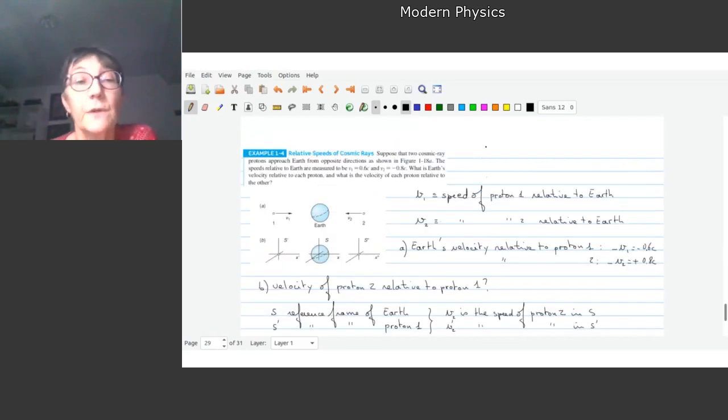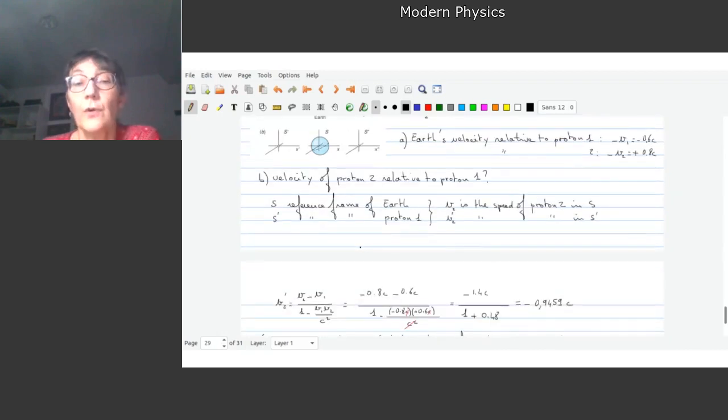And the second one is more interesting. What is the velocity of each proton relative to the other? So I can calculate the velocity of proton 1 in the reference frame of proton 2. You see we have attached a reference frame S prime on proton 1 and S2 prime on proton 2.